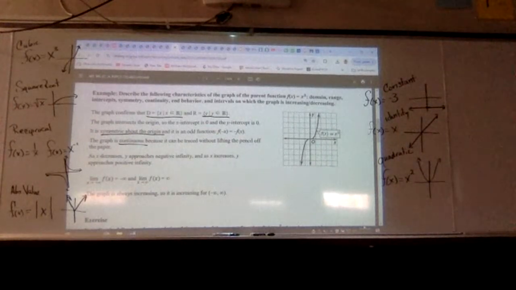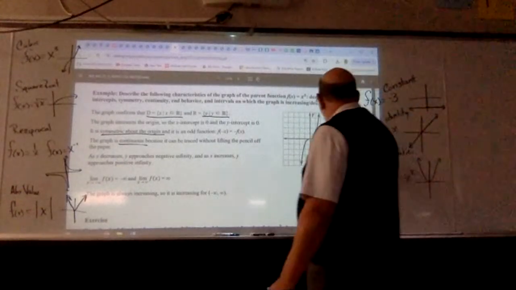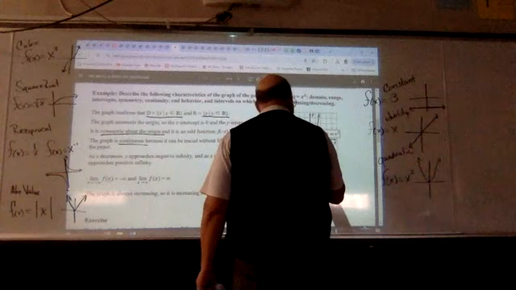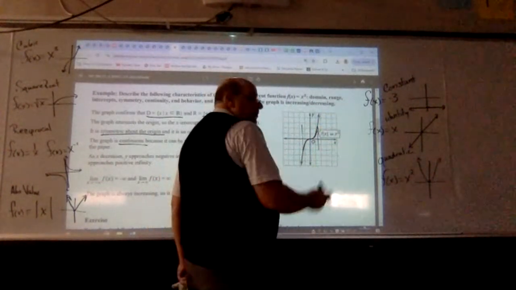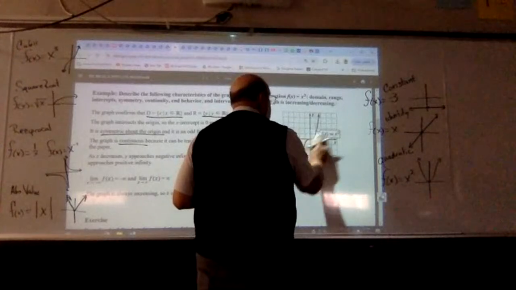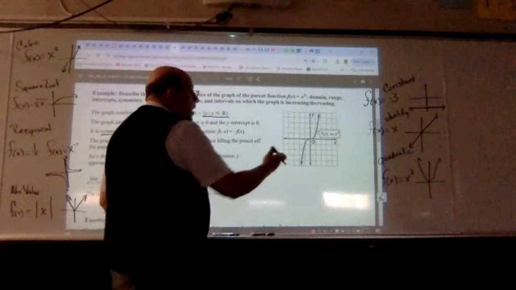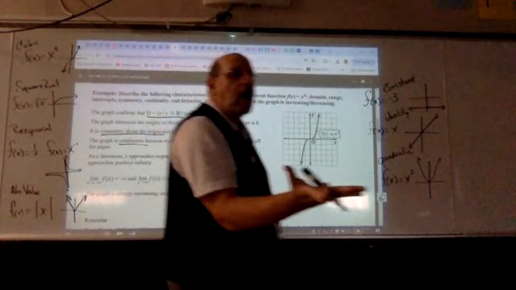Remember we looked at continuity at a specific point, right? We said, is it continuous through here? And you say, sure, it just keeps going through here. There are no jumps or anything. But if I want to say, is this entire parent function continuous? Is there any place where you think it would suddenly stop?